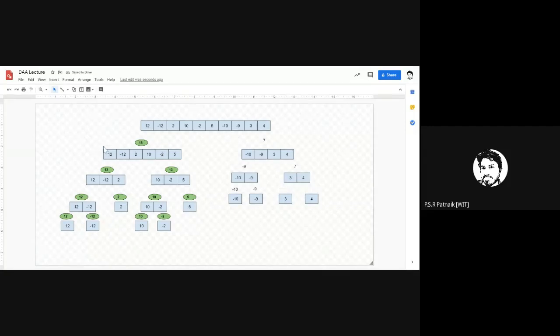So now to combine these two, let us solve this entire subproblem. So I have 15 here, I have 7. You will take mid here. You have to calculate the left sum and right sum. Let us solve it in the last.